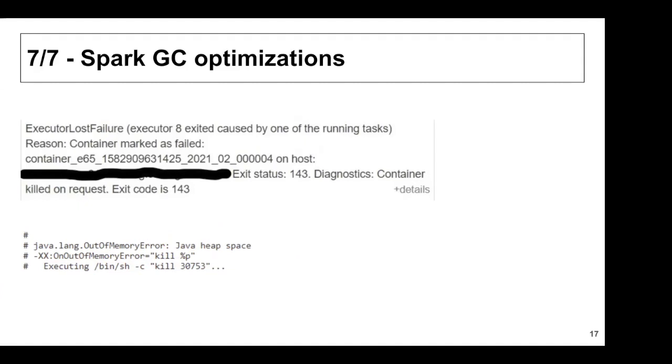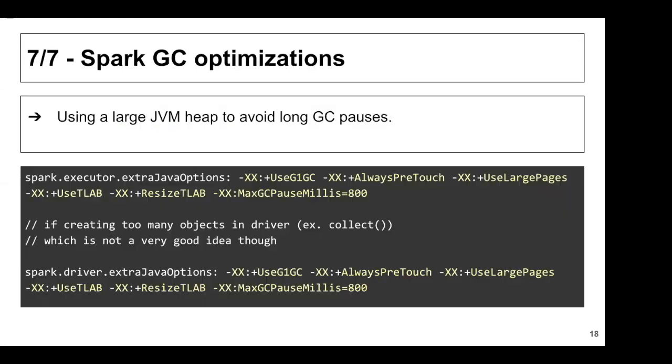But there is another scenario where we can tune our garbage collection, which I found is very important for Spark streaming processes. Here, to avoid very long garbage collection pauses, we can tune our executors or our drivers. In executors, we have these JVM options.